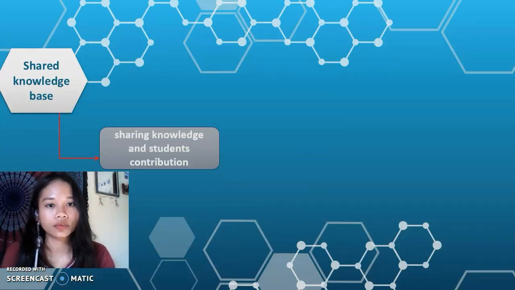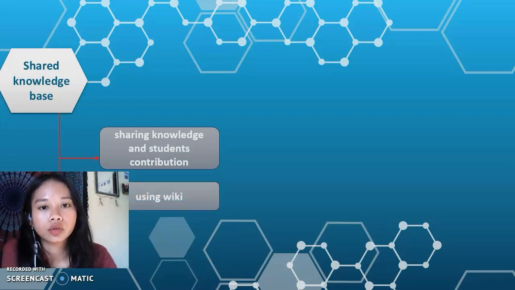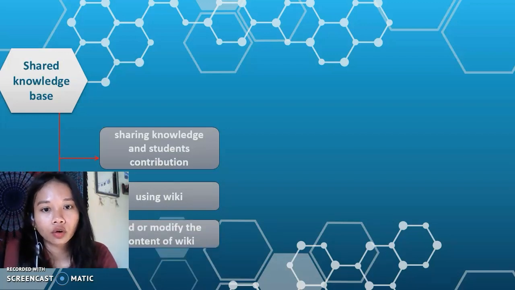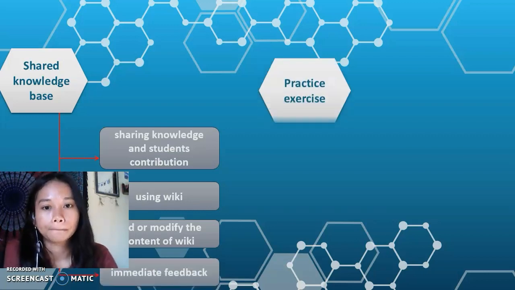Like the name of the activity, here the focus is on sharing knowledge and students' contributions about a certain topic given by the teacher. For example, we use a wiki here. In a wiki, students can add or modify the content and the teacher gives feedback directly to the students.